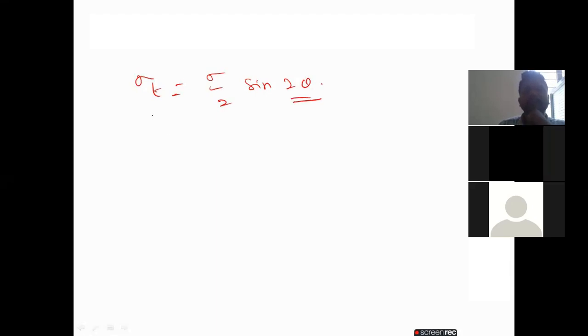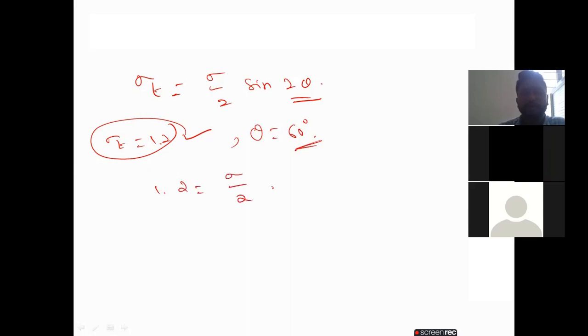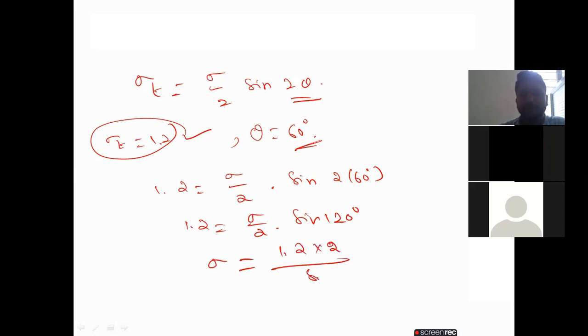Sigma T is given as 1.2, and theta is 60 degrees. So 1.2 equals sigma by 2 into sine 120 degrees. Then sigma equals 1.2 into 2 by sine 120 degrees. Tell me the sigma value.